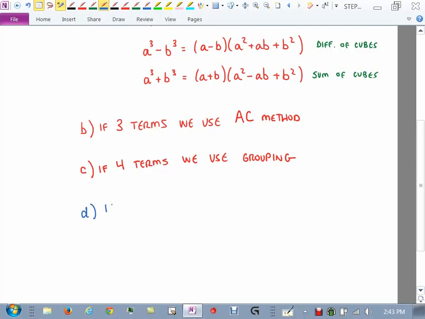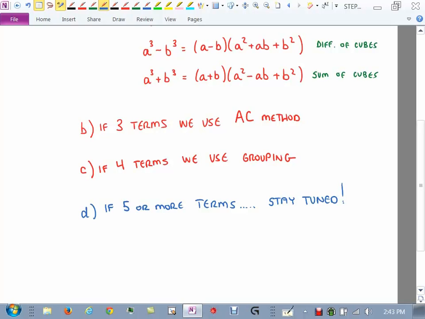And then I'll put the next one in blue. What if you have 5 or more terms? Well, prior to this class, you would never have 5 or more terms. They just wouldn't do that to you. It's too cruel, right? But now you're in college algebra. If we have 5 or more terms, I'm just going to put here, stay tuned, folks. That's what's coming.